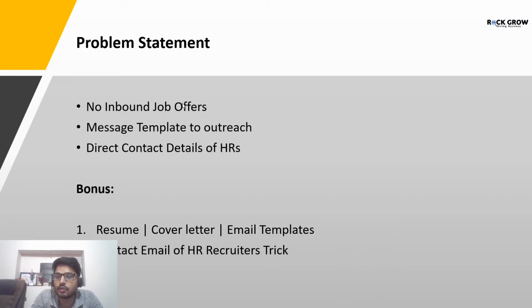Point number two: how to use some ready-made message templates to reach out to the recruiter. In point number three, we're going to discuss some tactics to find contact details of HRs or any other person from LinkedIn via some advanced-level automation techniques.